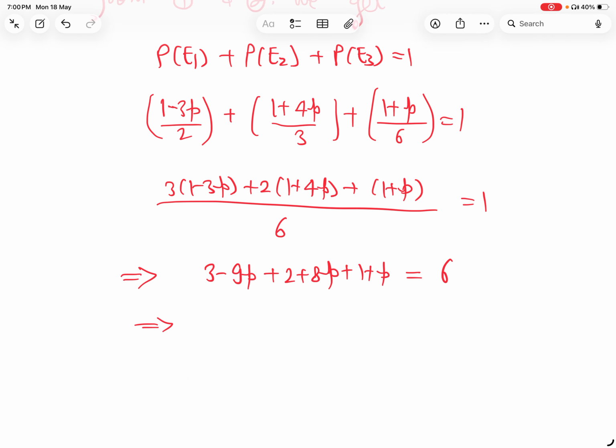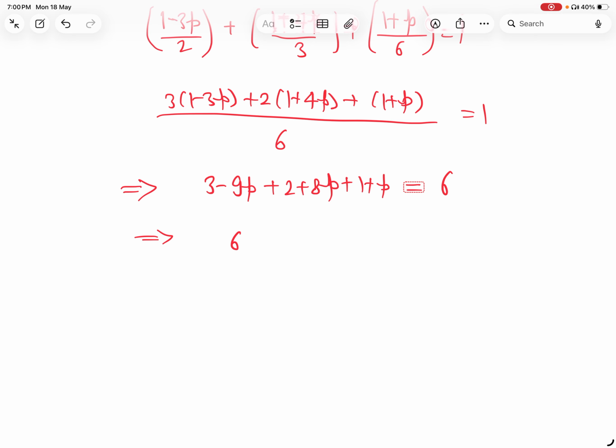So this will be 6 plus 9p minus 9p is equal to 6. So this cancels out. 6 is equal to 6.